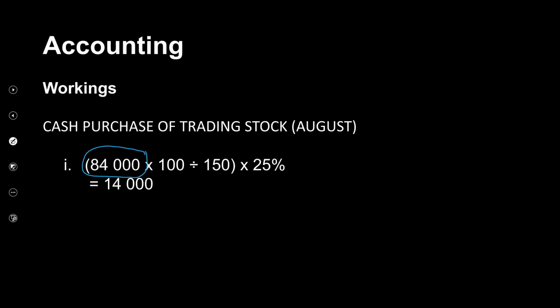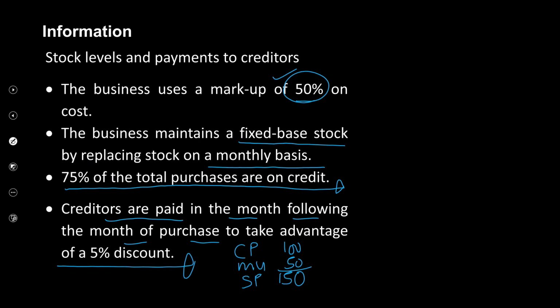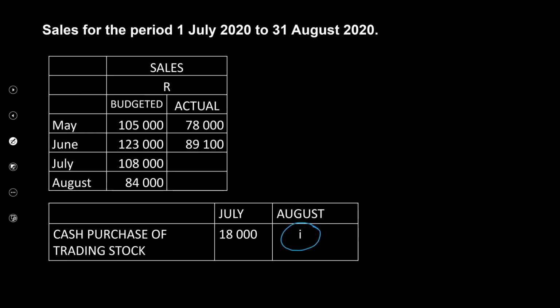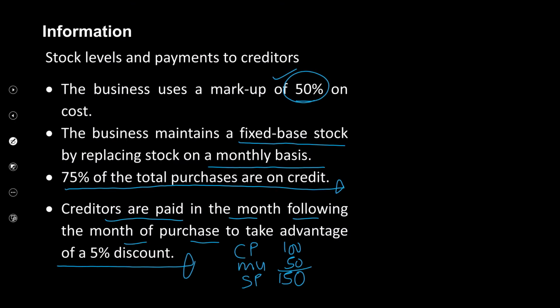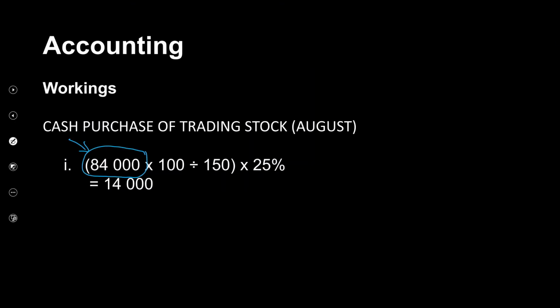Determine the cost of sales first. So obviously, this figure of 84,000 Rand will be based on your sales figure, right? So it's your sales figure that you are working with. What do you do with that sales figure? You say 84,000 Rand, determine the cost of sale.